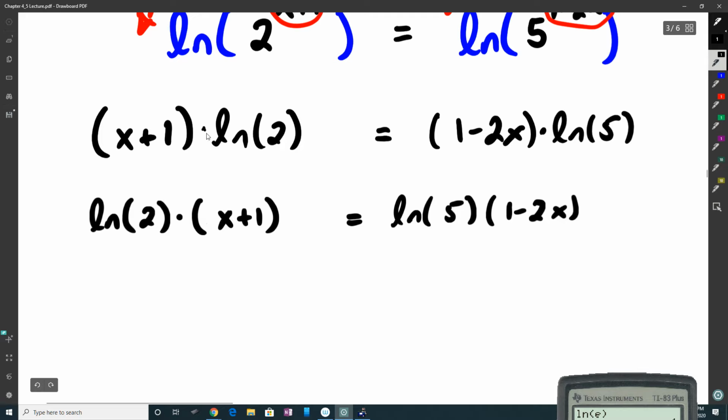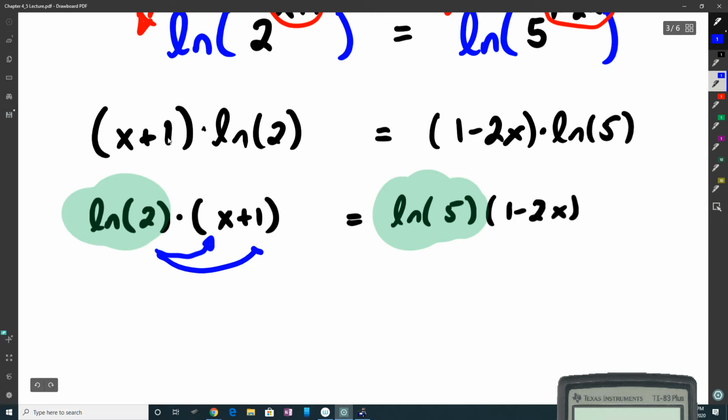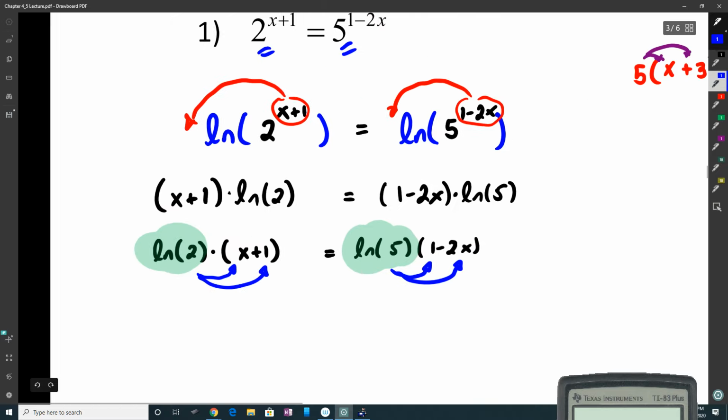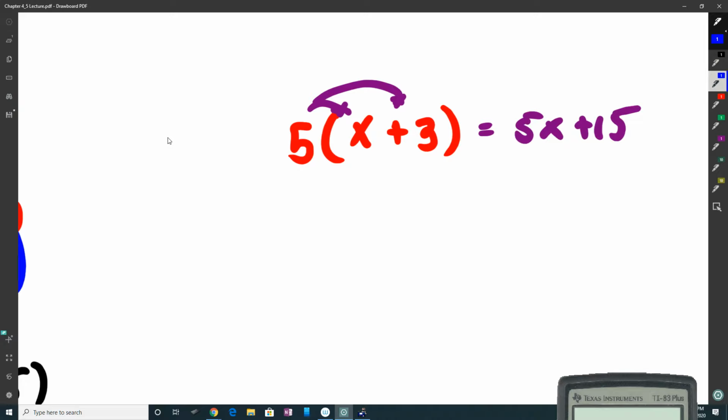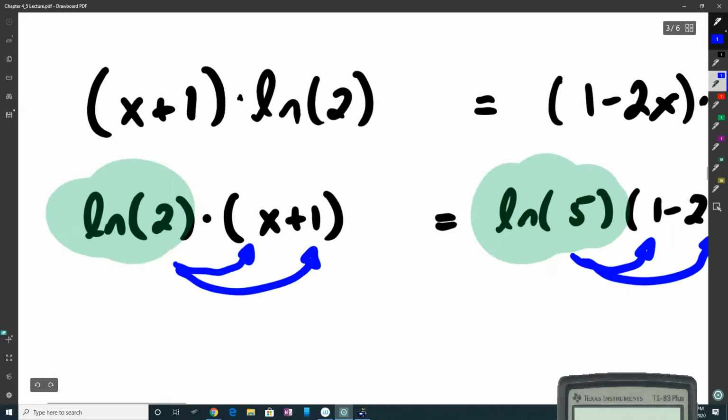Okay, so these are still two things being multiplied. But this ln of 2 and this ln of 5, I'm just going to distribute. They're just numbers. In this completely random problem that I made up on the fly, this 5 distributes to the x plus 3. So 5x plus 15. So same thing here.